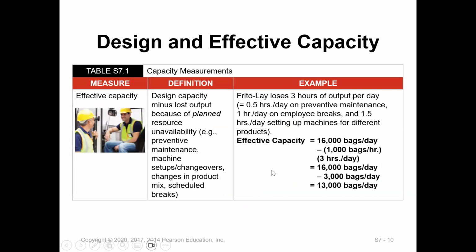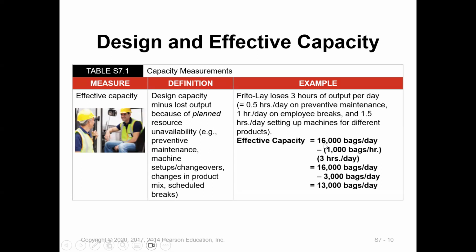Another example: Frito-Lay loses 3 hours of output per day on preventive maintenance. You see how, when you have a breakdown or something, this will affect your production. Here they are losing 3 hours. 3 hours times 1,000 means 3,000 of loss.